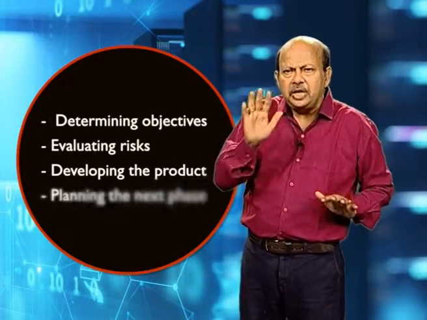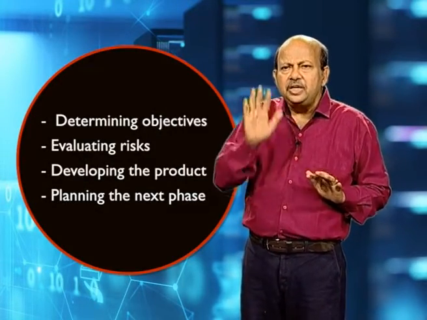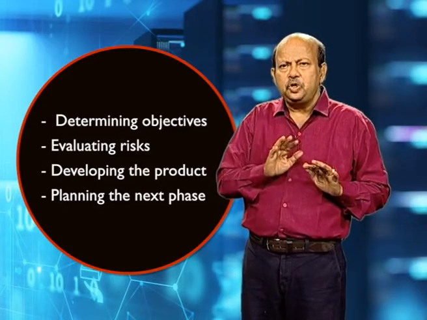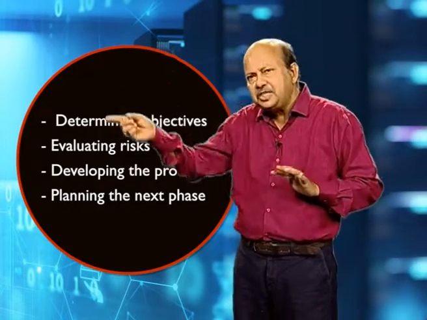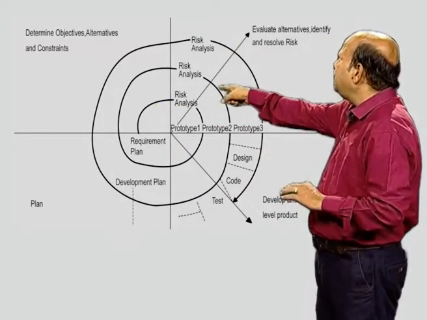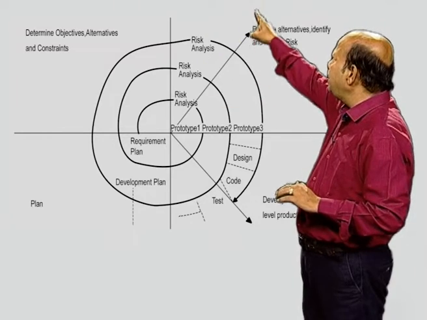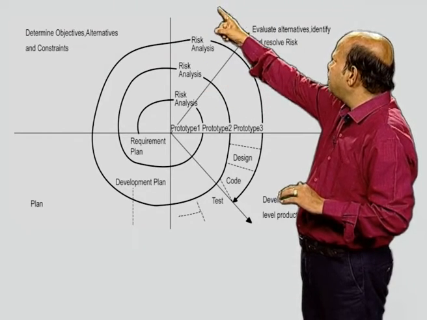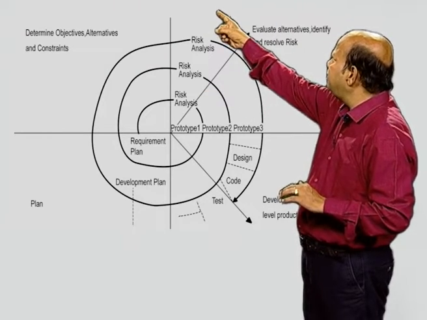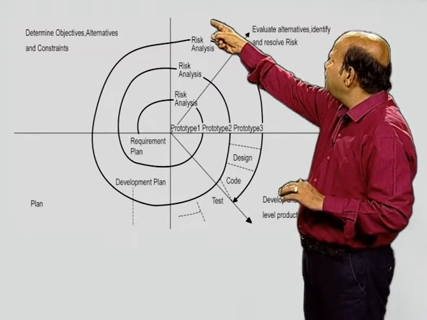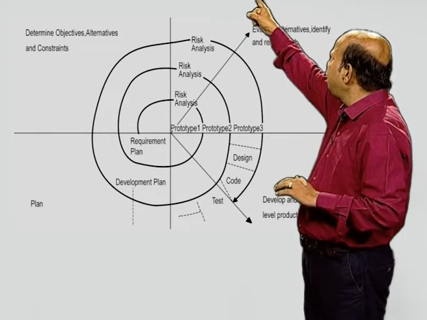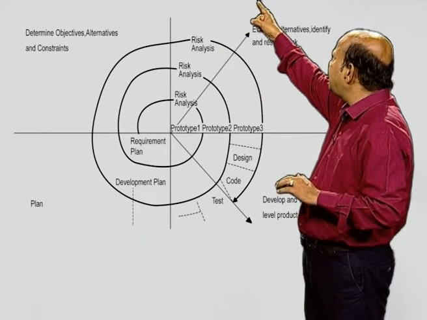First is determine the objectives, then evaluate the risk, develop the project, and plan for the next one. This is the spiral. You see, there are many spirals in the model. Each one first fixes the objective, decides the objective and constraints in the first stage, and then moves to the second stage. What is the second stage?